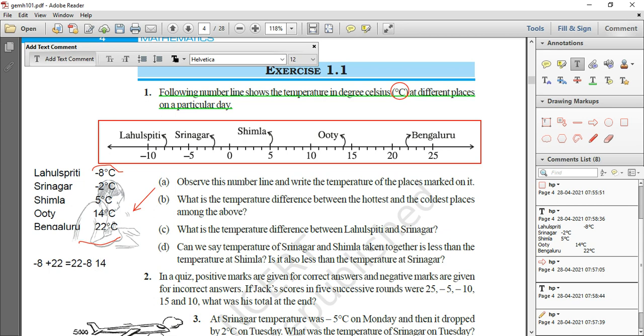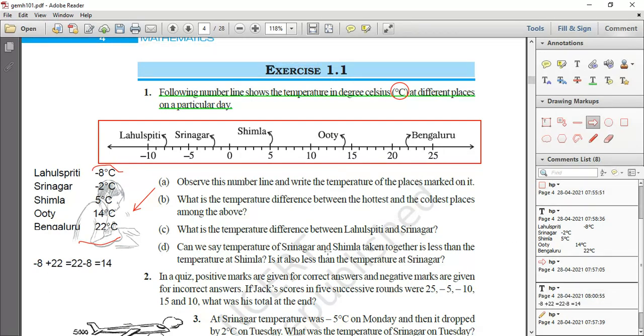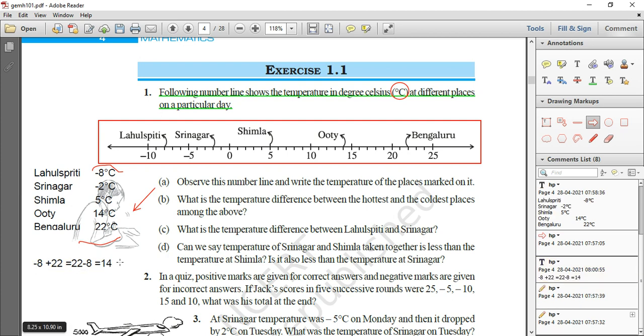This means the difference between the hottest and coldest place is 14. This is the answer of question number 1B. Let's move on to question number 1C.